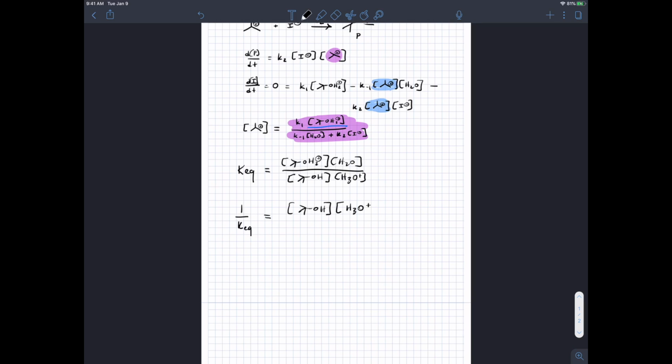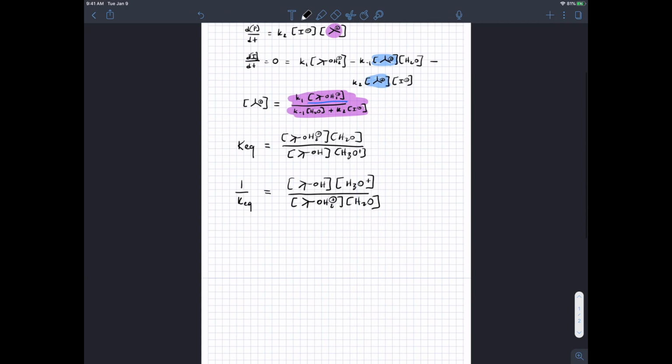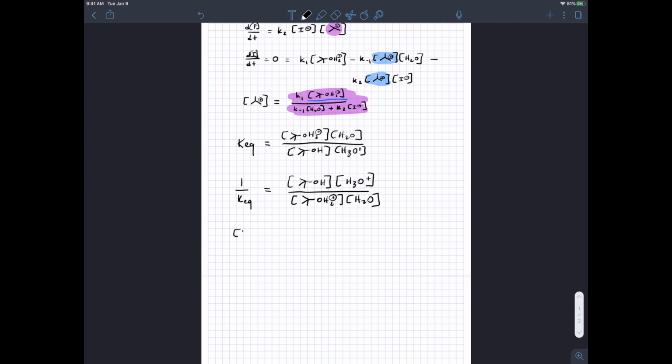Hold on. What does that start to look like? Especially if I move the water concentration over here.